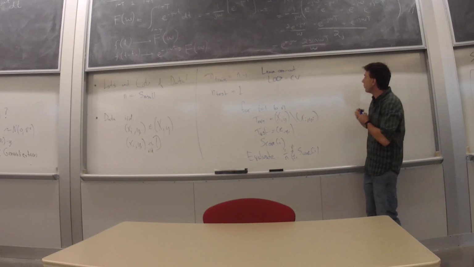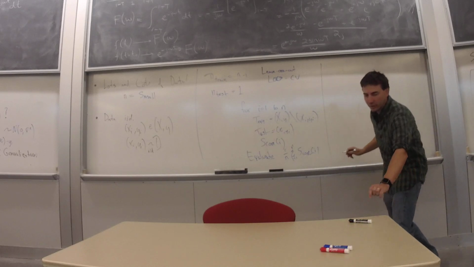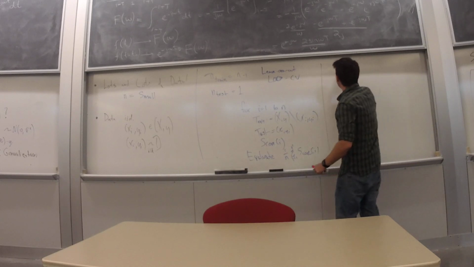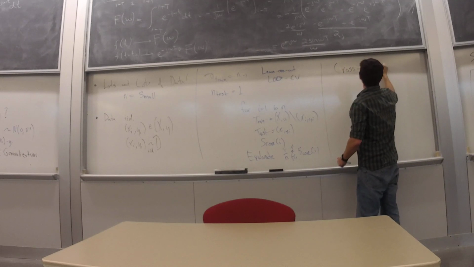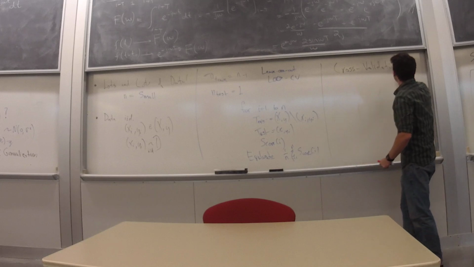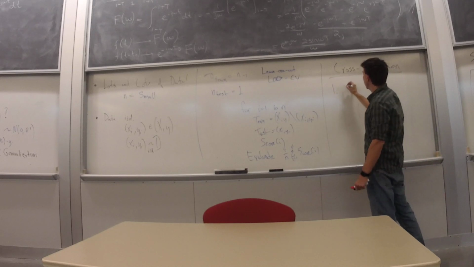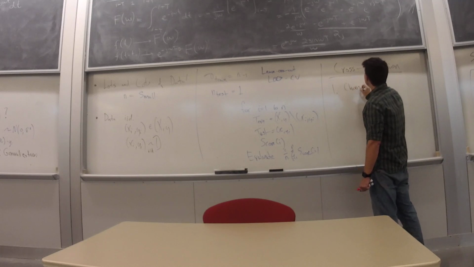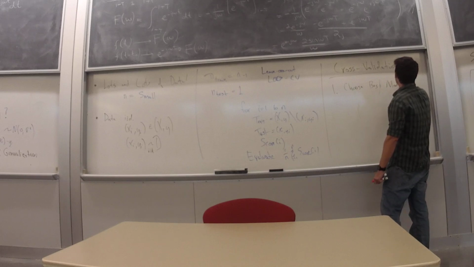Okay, so there's one more important point I forgot to say. There are 2 points of cross-validation. It's used for 2 different things. One is to choose the best model.